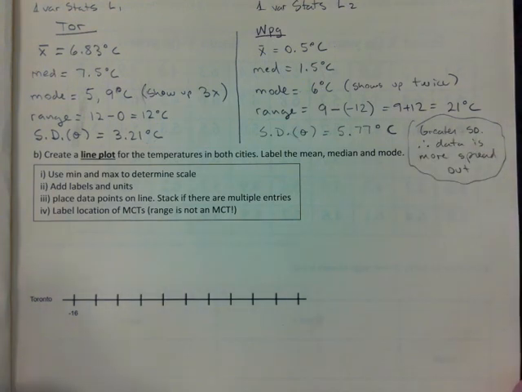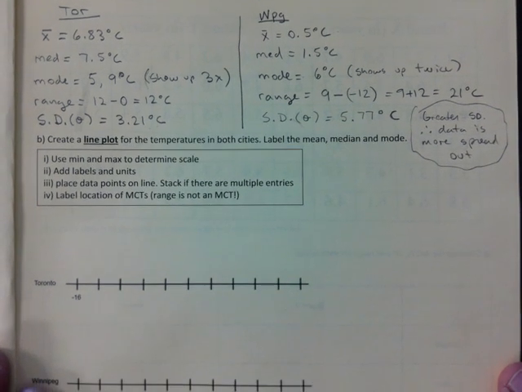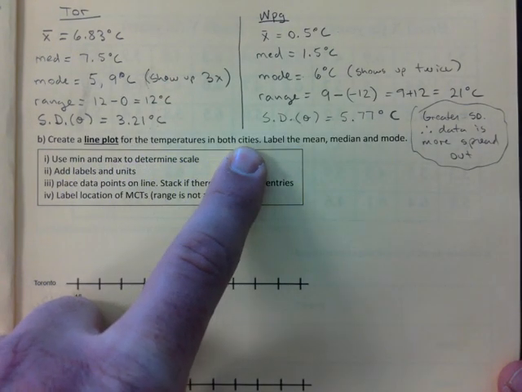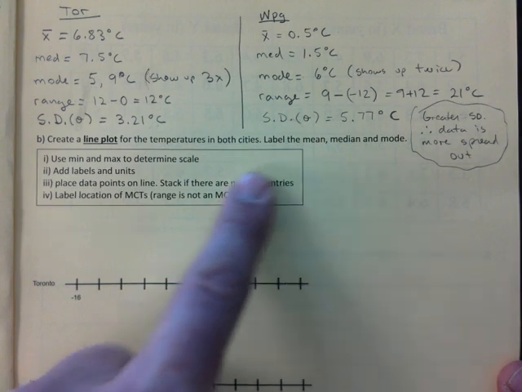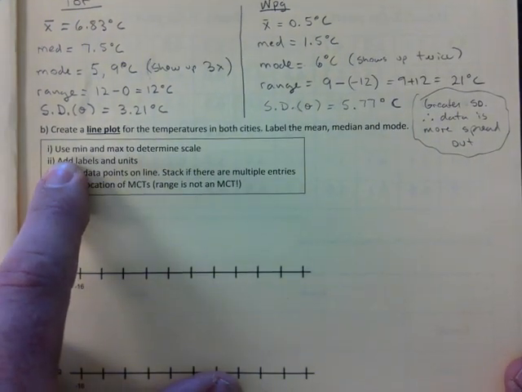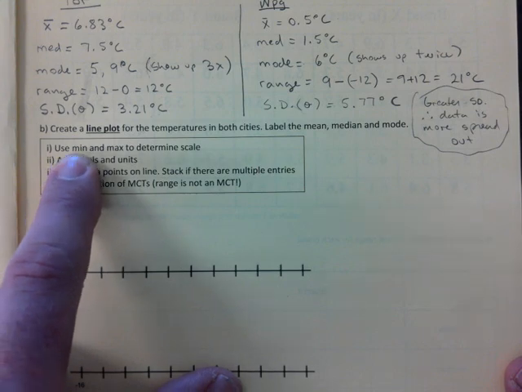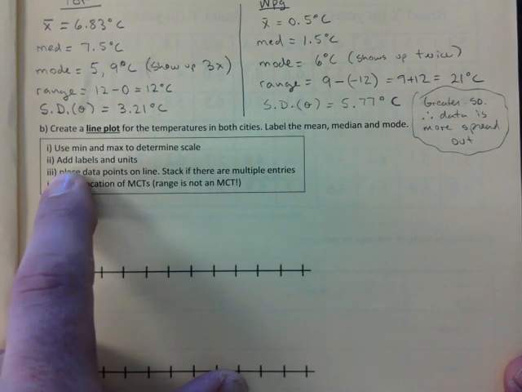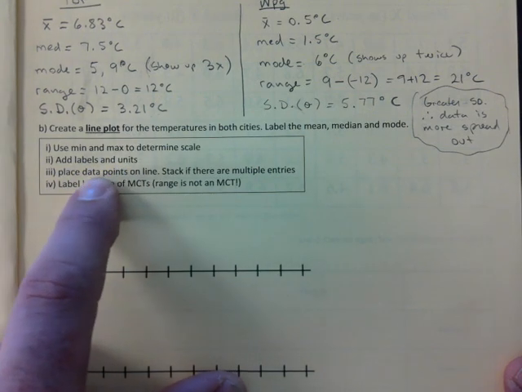Here is the other reason why arranging your data is great. Creating line plots for the temperatures in both cities. Label the mean, median, and mode. These are the steps you should take, right? Use the min and max to determine your scale. Add labels and units.